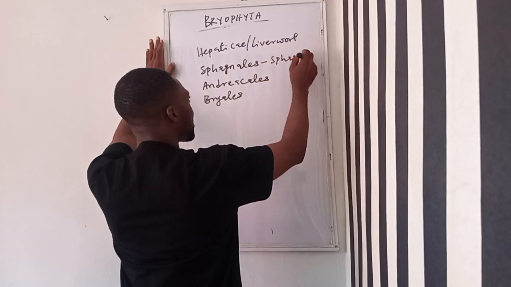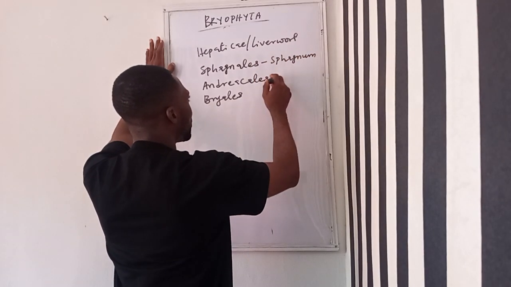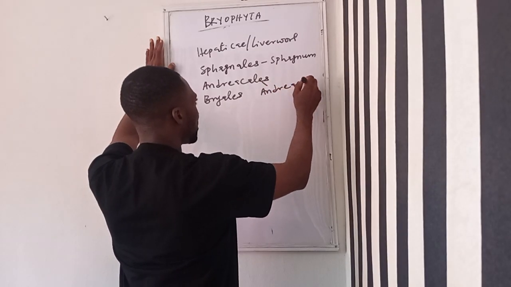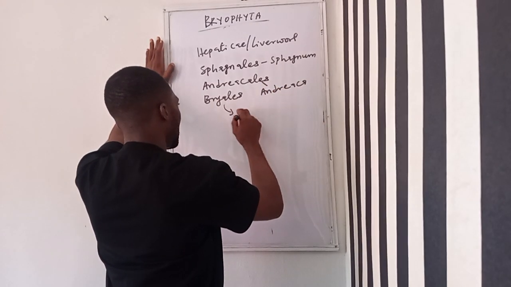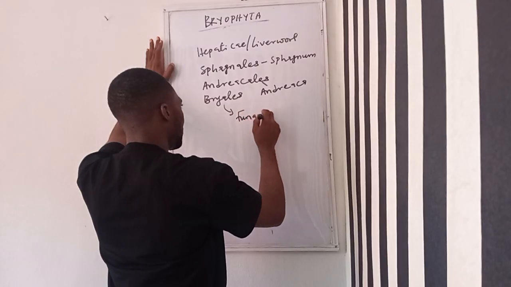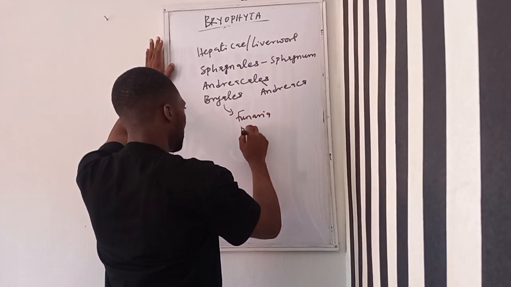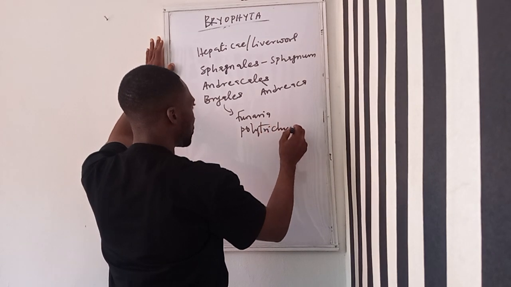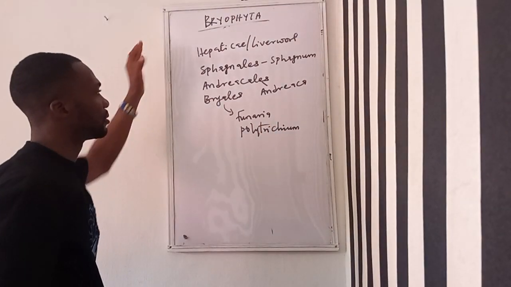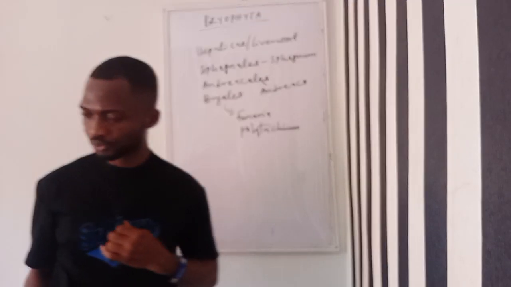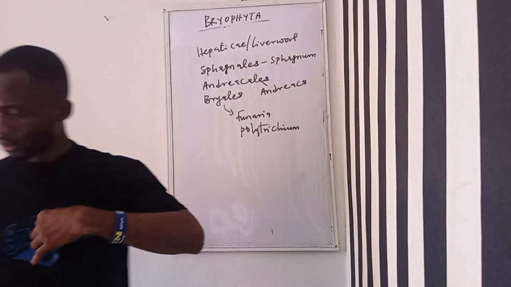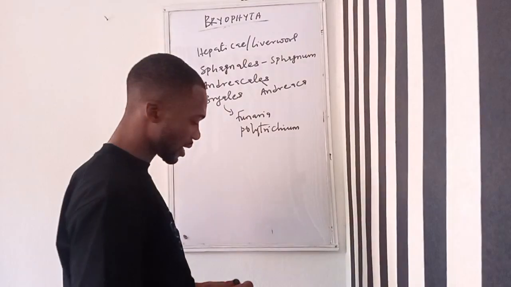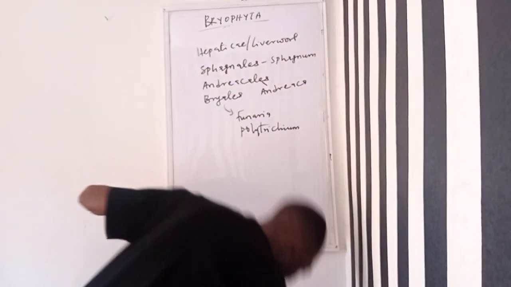This one has an example as sphagnum, this one has an example as Andreaea, this one has an example as Funaria, Polytrichum. Okay, that is all about the classification of Bryophyta.